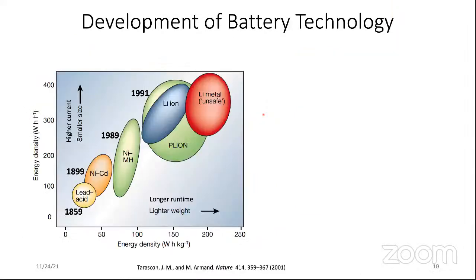Now, while battery technology has come a long way, starting from rechargeable lead acid in 1859 to recent high-capacity lithium-ion batteries, the science underlying battery technology is often criticized for its very slow development.